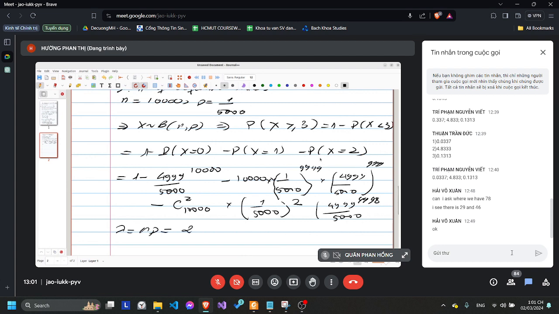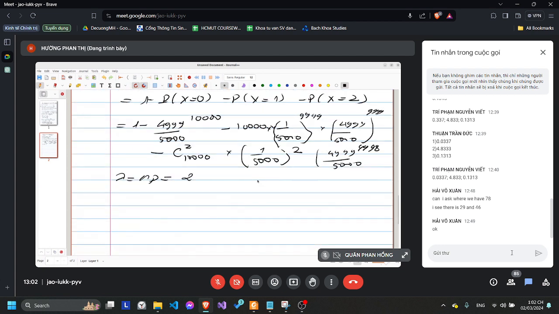The number 2 is much more beautiful compared to large numbers like 10,000, 4,999 over 5,000, and so on. Now, instead of using the binomial, we approximate the distribution of S. Now S approximately follows the Poisson distribution with lambda equals 2.